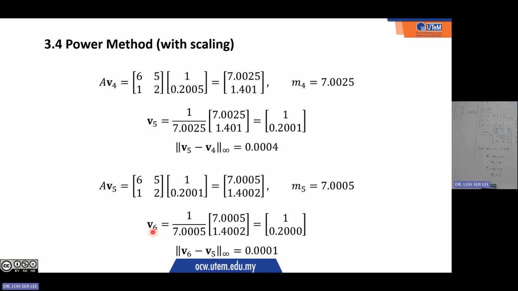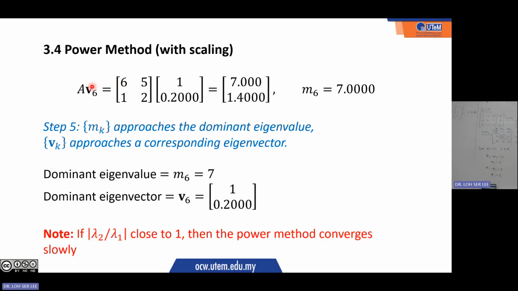It must be M6 and V6. How to get M6? We have to compute AV6 to get M6. So even though you can stop the iteration here, to get the dominant eigenvalue, we still have to compute AV6. So this is the dominant eigenvalue and dominant eigenvector.